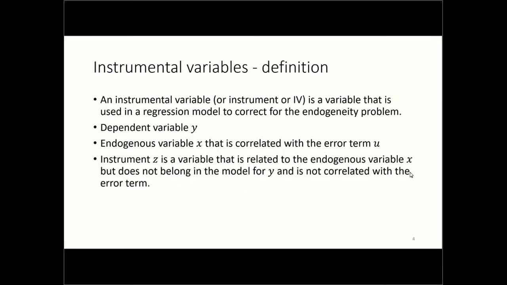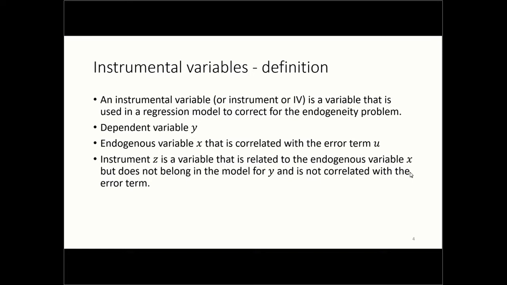So let's provide a definition. An instrumental variable, also called an instrument or IV, is a variable that is used in a regression to correct for the endogeneity problem. So if we have a dependent variable y and an endogenous variable x that is correlated with the error term, an instrument z would be a variable that is related to the endogenous variable x but does not belong in the model for y and is not correlated with the error term.